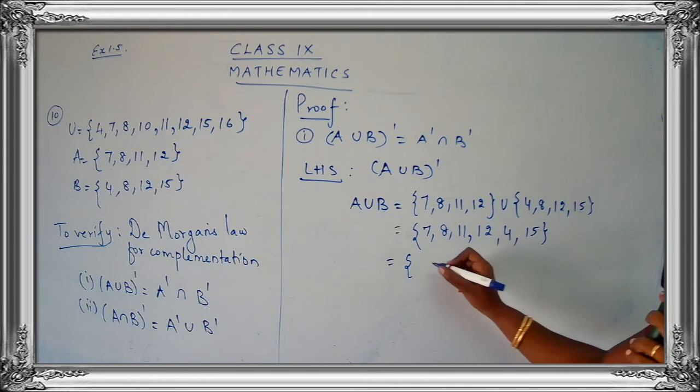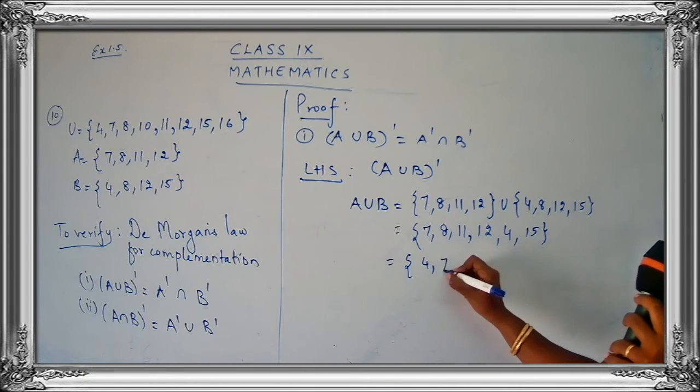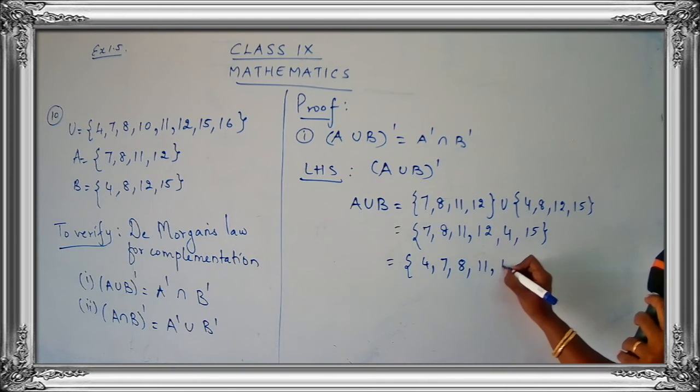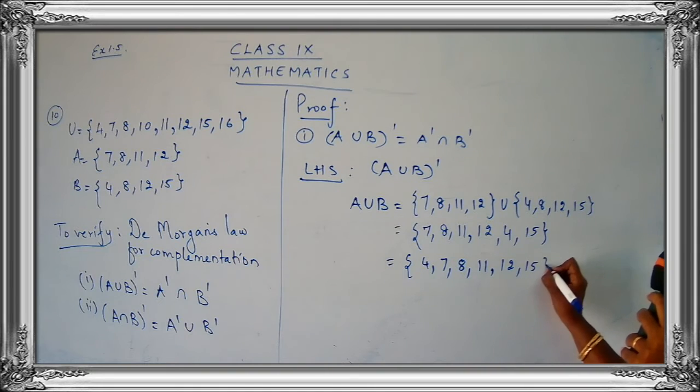So what comes first? 4, 7, 8, 11, 12, 15. So we have got the value for A union B. Remember, whenever you join, do not repeat the members and try to write them in increasing order.